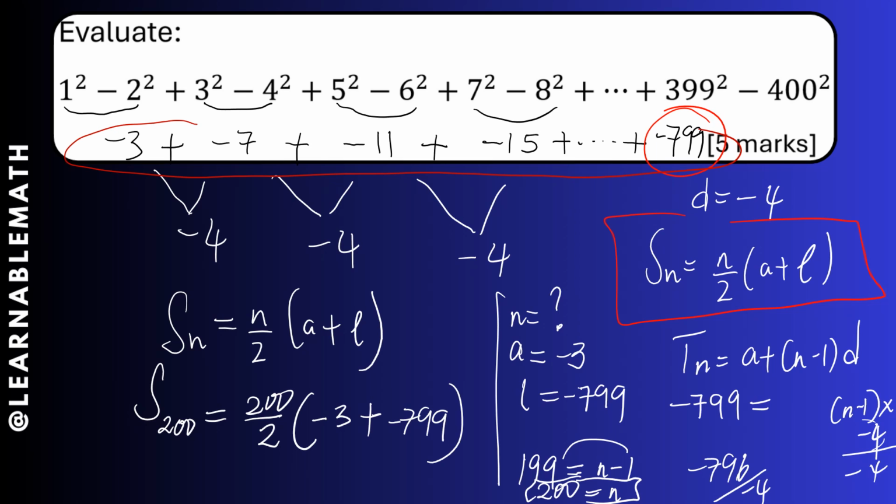You can just use your calculator in this case to find the sum of this series, and you're going to get the answer as negative 80,200. Then we have actually evaluated that series.